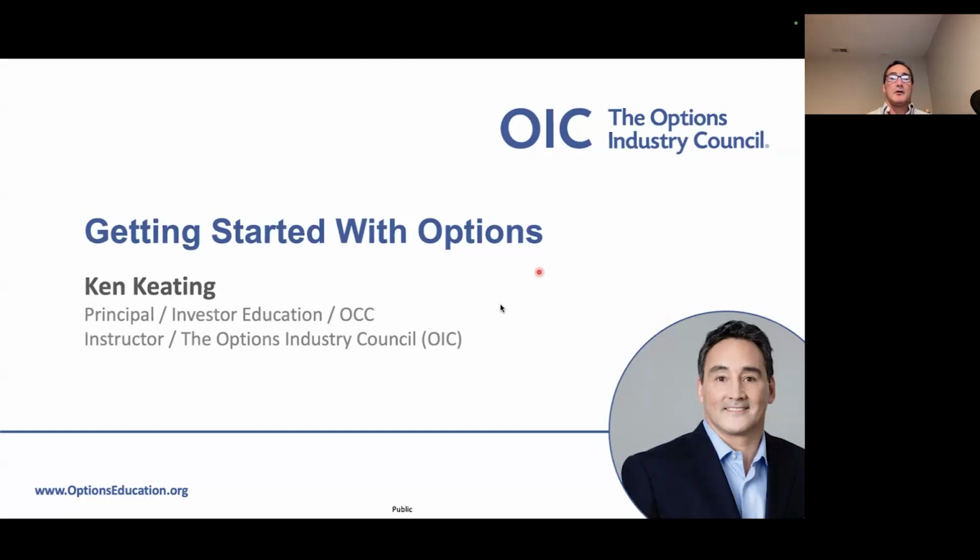So just to give you a little quick background on myself, I've been at the Options Clearing Corporation for roughly about 5 years now. But previously, before coming to OCC, I was a professional options trader for well over 25 years. So I started out on the floor of the Pacific Coast Stock Exchange as a market maker. I then moved in the early 90s to the Chicago Board of Options Exchange, where I worked as a floor market maker as well as a floor specialist. I ran off-floor prop desks. I've run risk management desks.